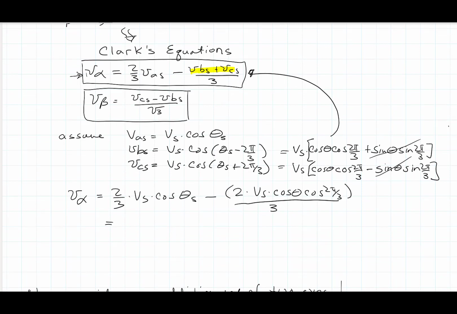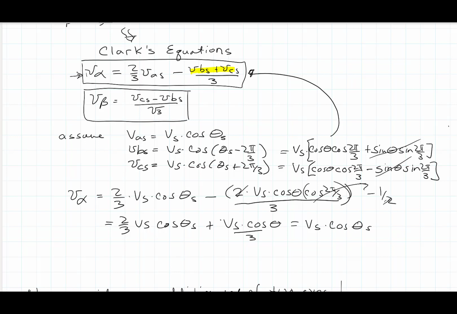And simplifying that even further, this is minus 1/2, and so that's going to cancel out this 2. And it's going to become a positive, so we're going to have plus Vs cosine theta over 3. So what's very interesting is that we've got Vs cosine of theta s, that's V alpha, and that is VAS.